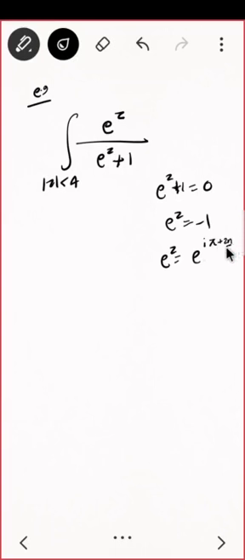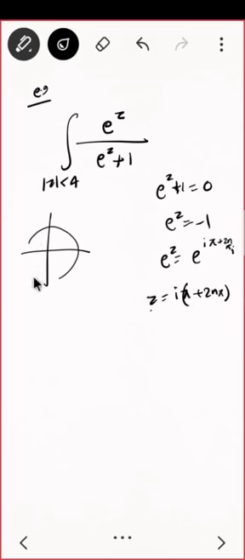Plus 2n pi i. So what is the value of z? The value of z is i pi, or taking i common, i times (pi plus 2n pi). Correct? So this is the value of z. So you draw this and try to see.